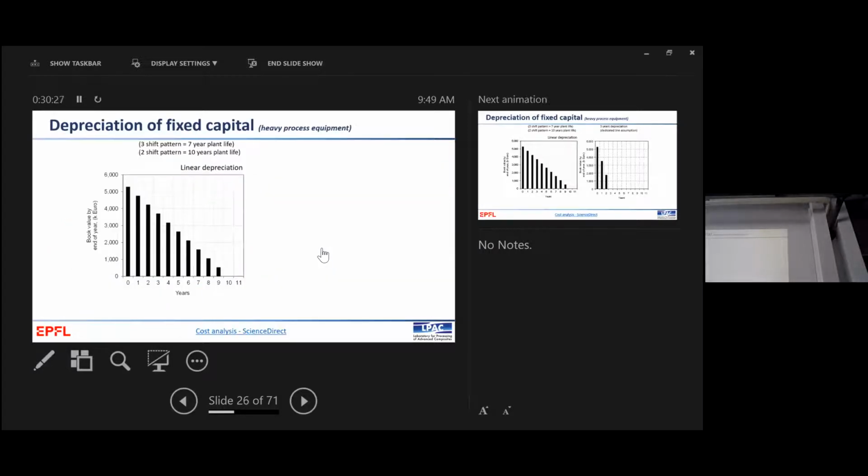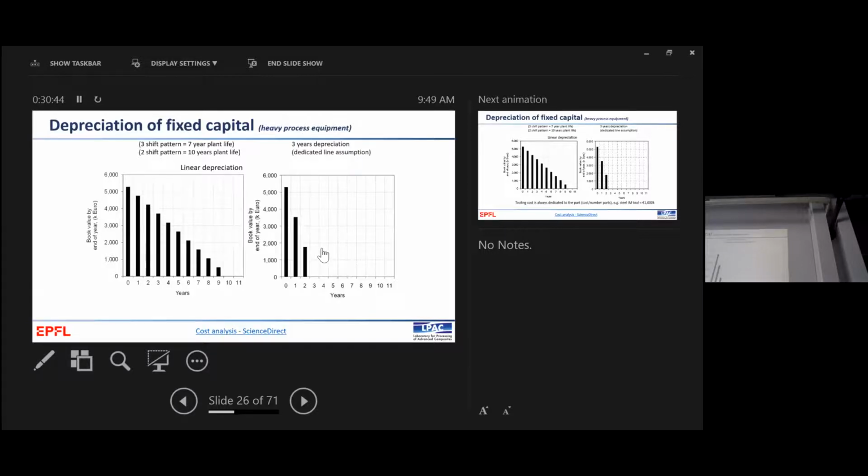Now we can look at some depreciation. You have to depreciate your assets over their lifetime. We use linear depreciation in these models. There are other ways of doing it, but this is very commonly used. In an extreme case, if you say we're just going to buy this cell only to make this seat, and we're going to decommission it, you have to amortize your plant costs over only 3 years.